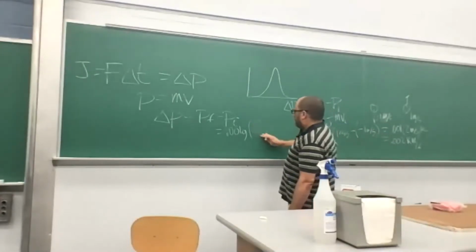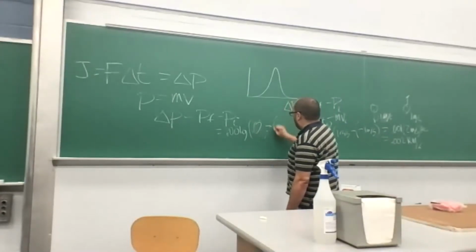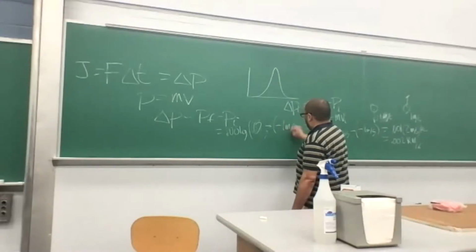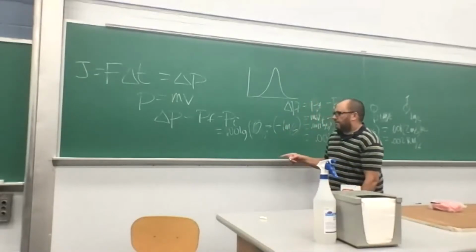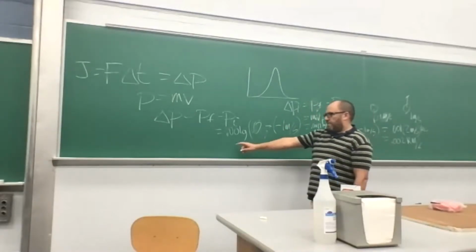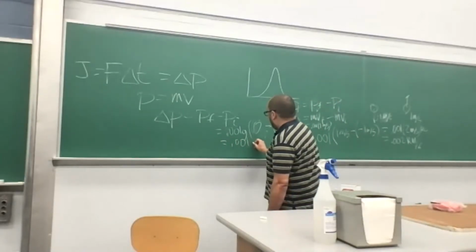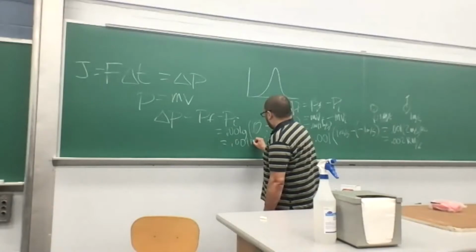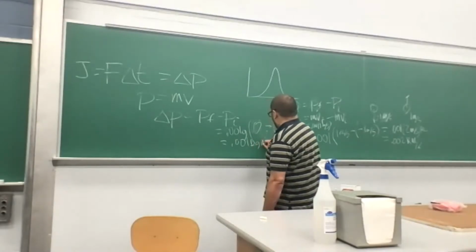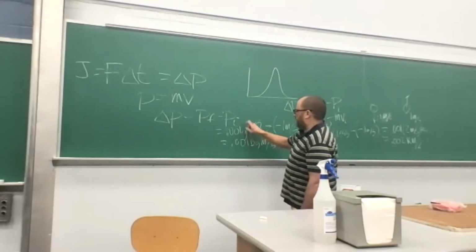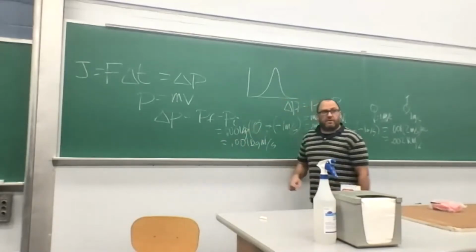Actually, my final will be 0 minus a minus 1 meter per second. So then my impulse is just going to be 0.001 kilograms times meters per second.